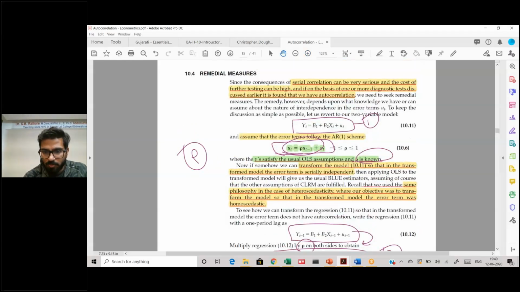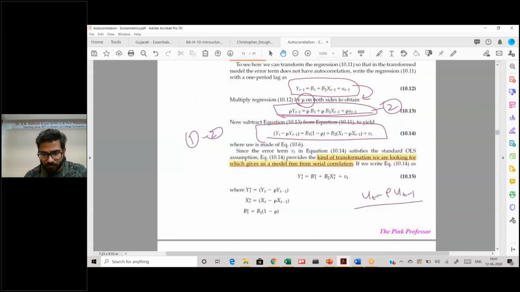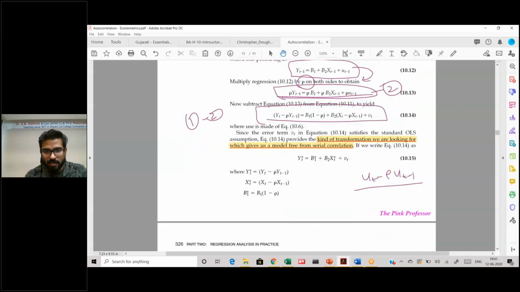Ut minus rho ut minus 1 is Vt, and your Vt, the error term, now satisfies the OLS assumptions. Vt and Vt minus 1 are not autocorrelated. So you can write this as B1 star, B2, and X star.